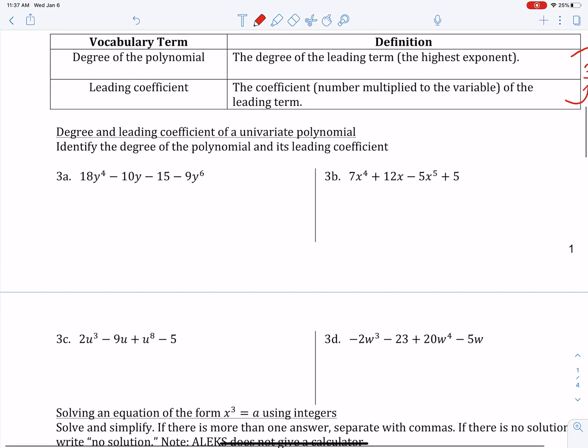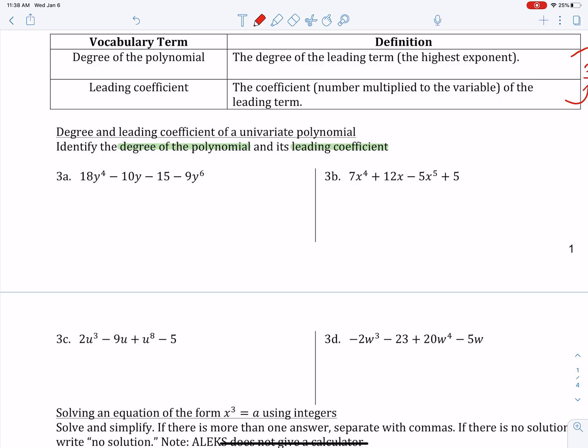We're looking at degree and leading coefficient of a univariate polynomial. And what it wants us to do is identify the degree of the polynomial and its leading coefficient. Well, those are key words, okay? So let's highlight degree of the polynomial and then leading coefficient, okay?